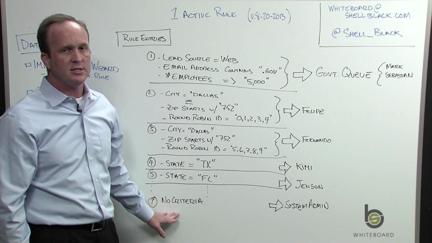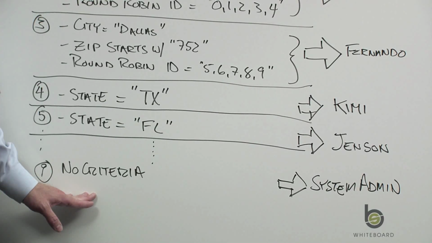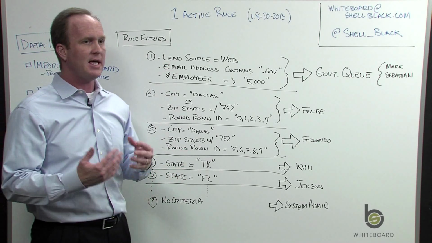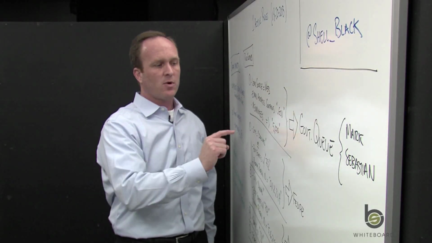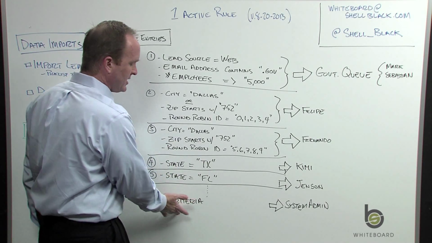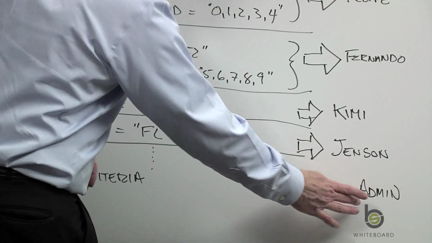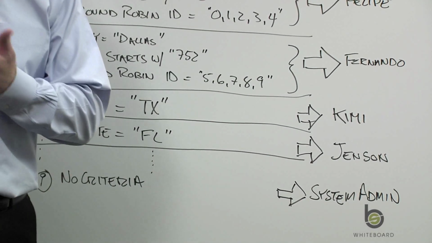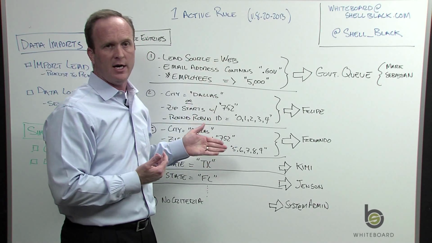The best practice is you want to have a rule at the very bottom with no criteria, no requirements. If a lead comes into the database and it doesn't meet this requirement, doesn't meet this requirement, doesn't meet this requirement, and so on, and it finally gets down to this catch-all that goes to the system administrator, that tells me as a system administrator that I've got a hole somewhere in here that I need to go plug.